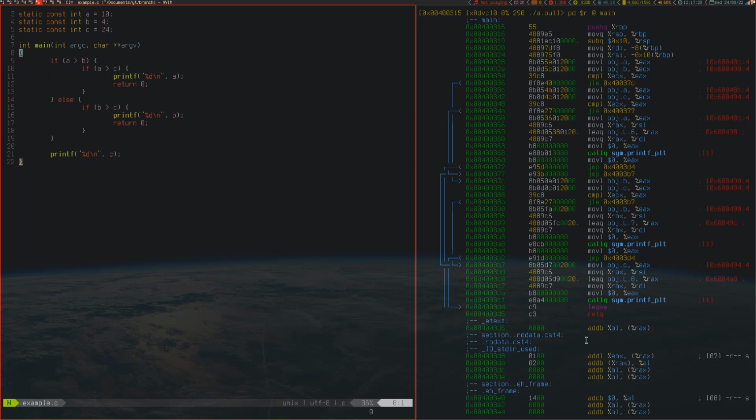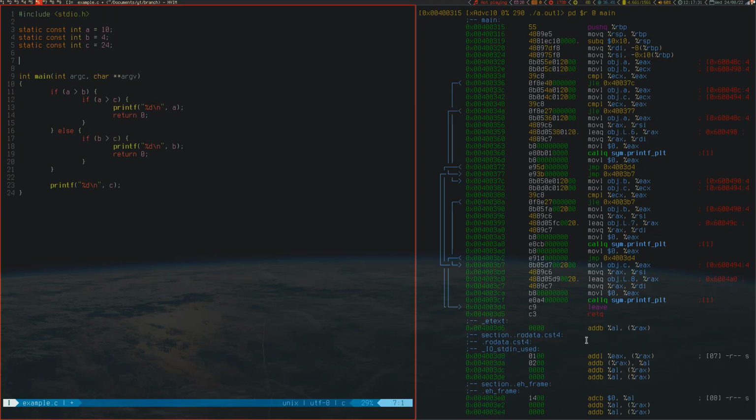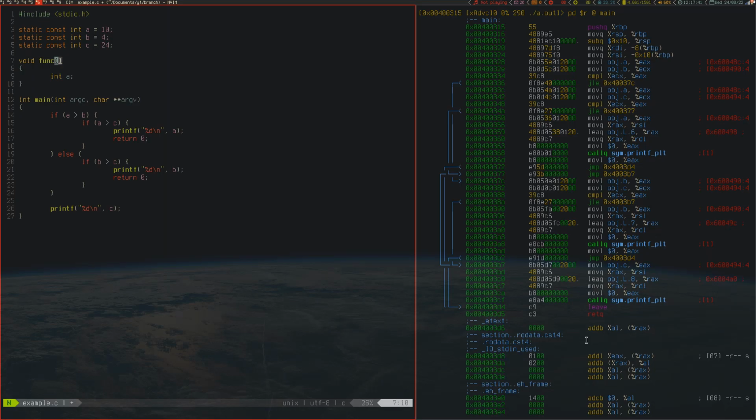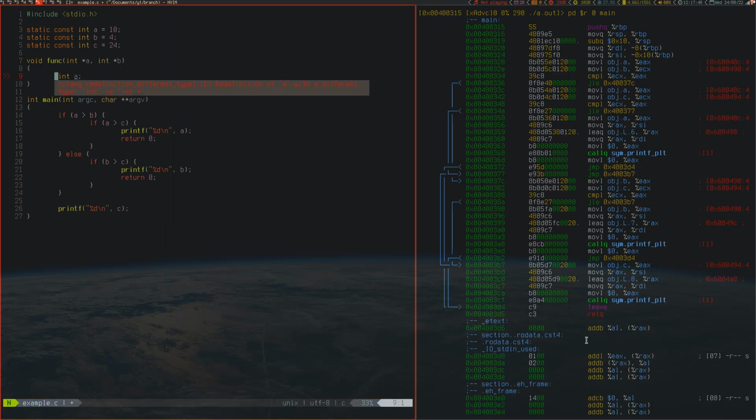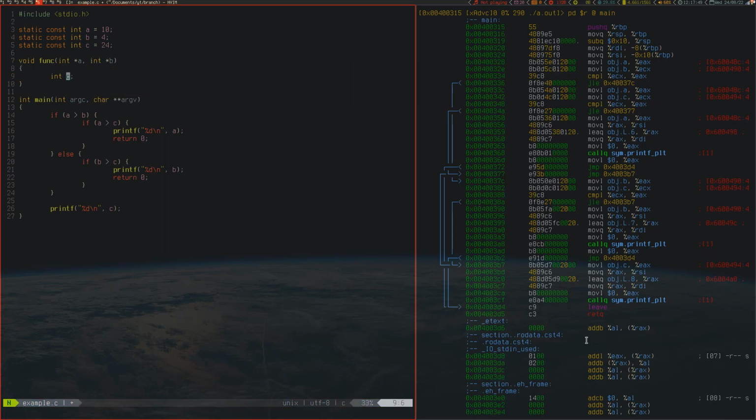Another good example is, for instance, if we have a function, let's just make it void for now. The classic example I was taught in school of the compiler optimizing things for you is if we have int pointer a, pointer b, and then let's make this C, and we need to try and exchange these two from each other.